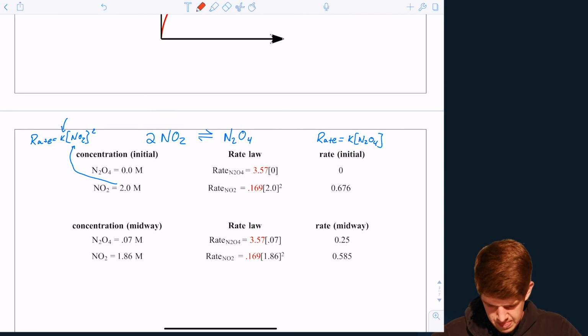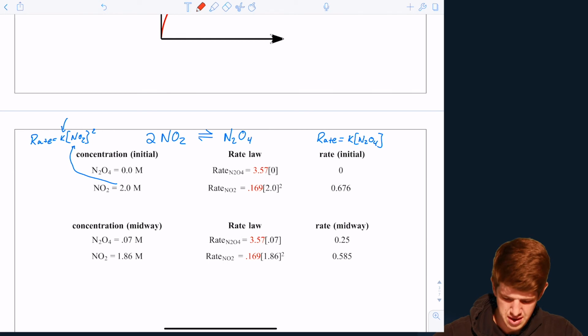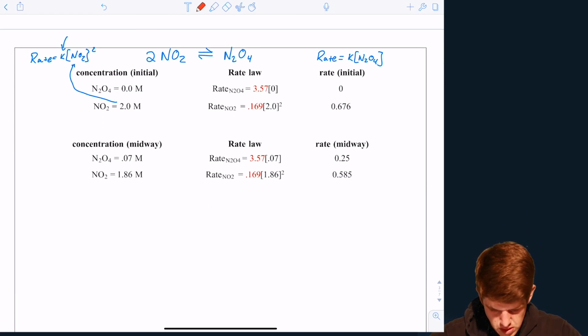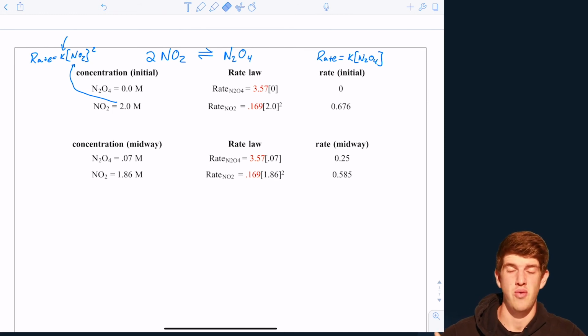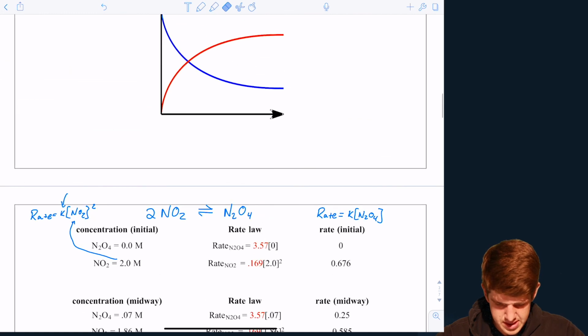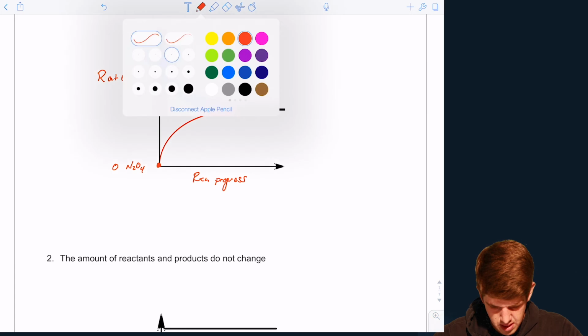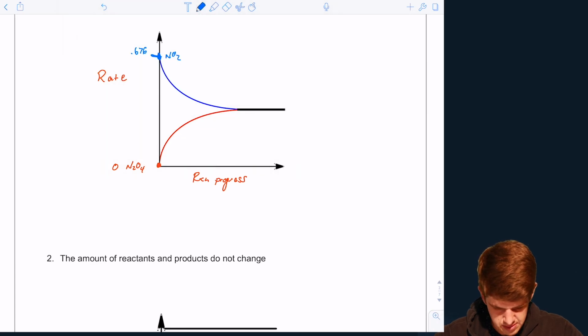And if you look here, I still have the exact same rate constants. They are just experimentally determined, nothing to worry about. Just keep focusing on the concentrations and the rates. Now, let's say this reaction is now getting to an equilibrium. So the final concentration, actually, before I do this, let's just go and plot this. So now, what is my rate of NO2?